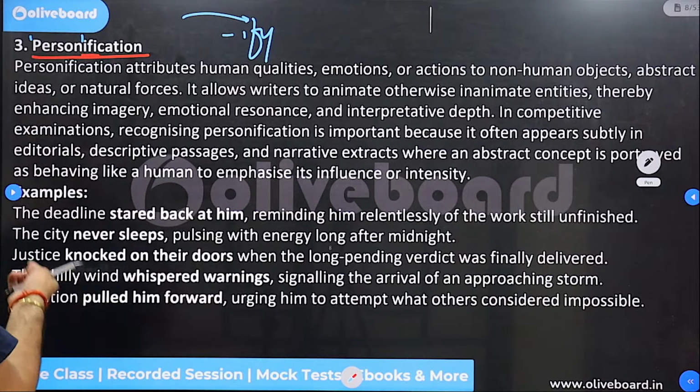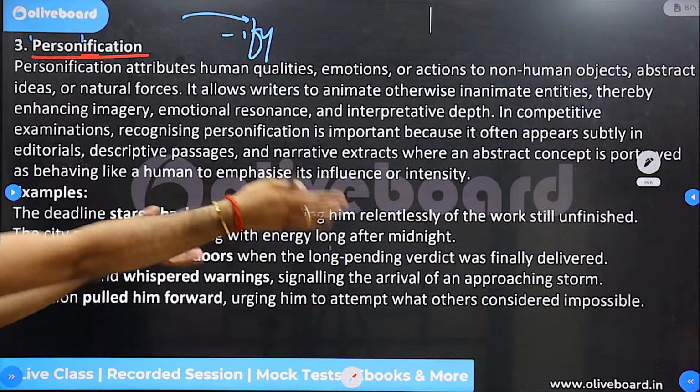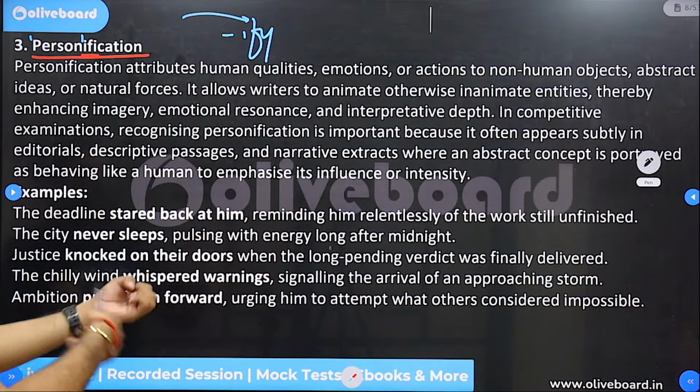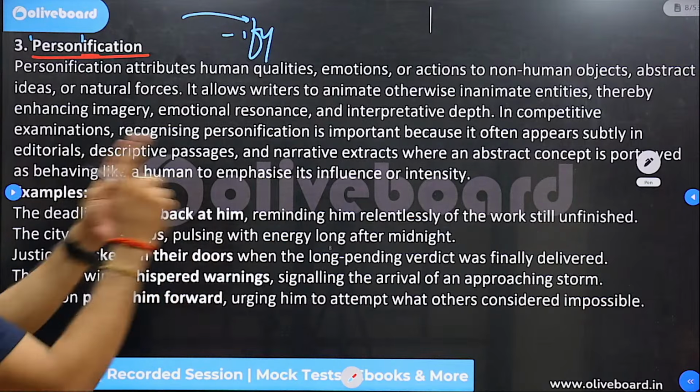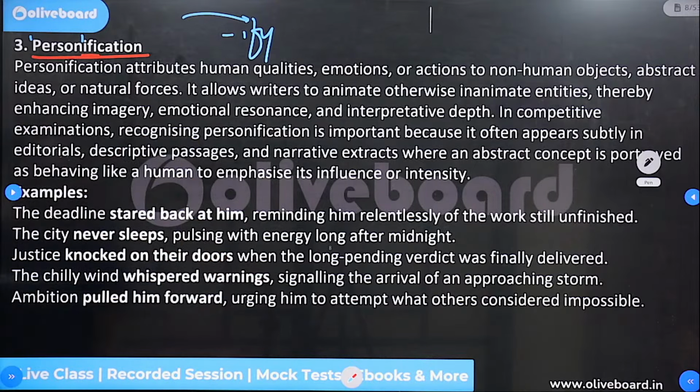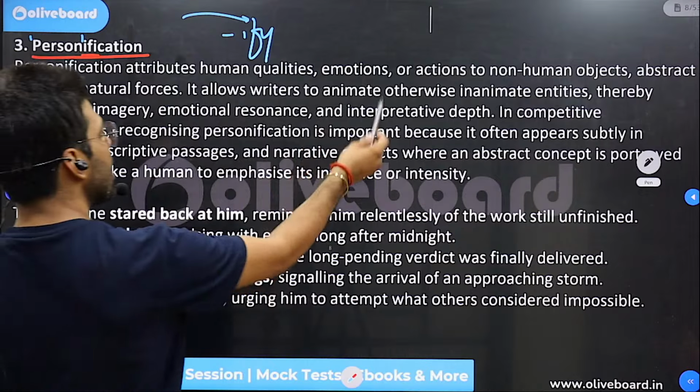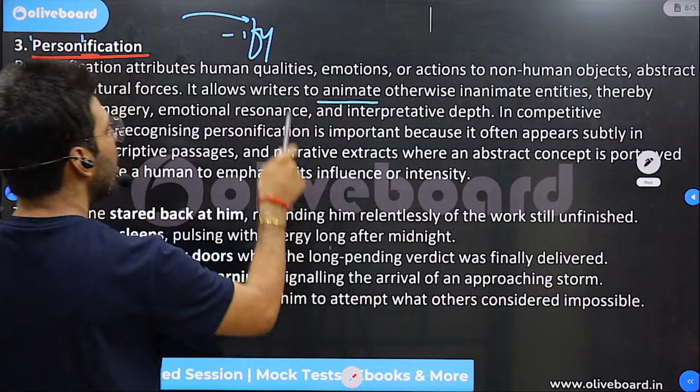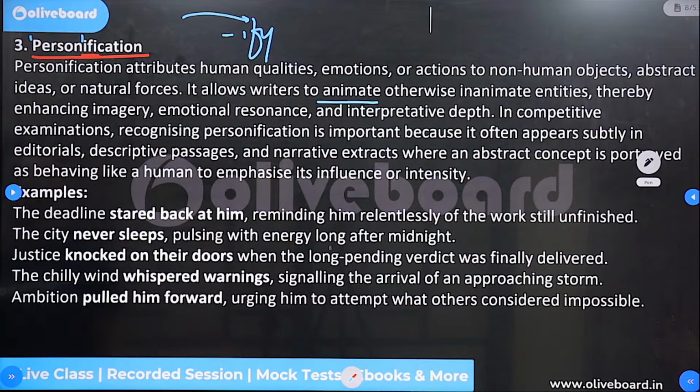Personification attributes human qualities, emotions, and actions to non-human objects, abstract ideas, and natural forces. You can animate, give life to inanimate entities, which enhances the imagery, emotional resonance, and understanding.